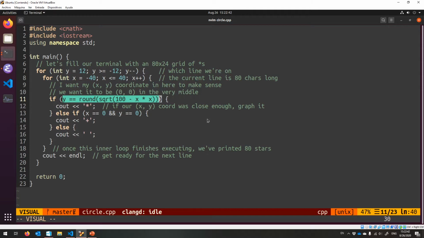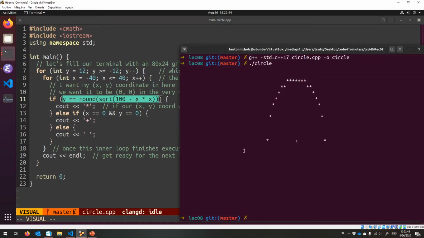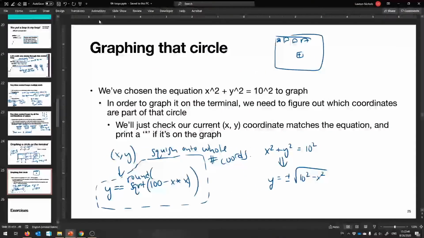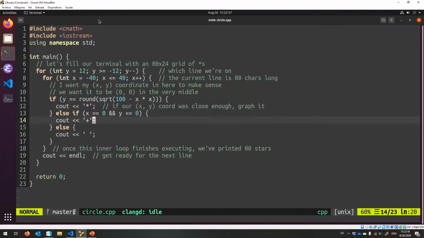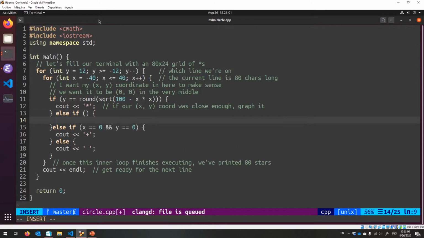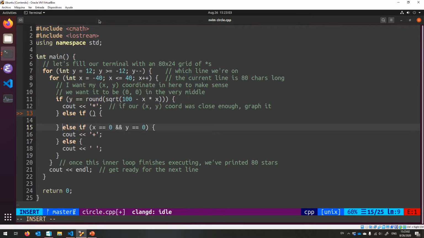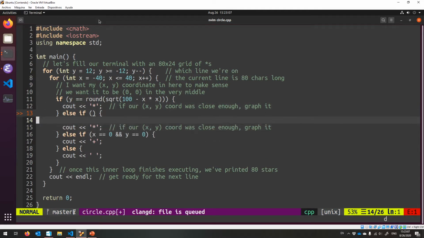So that's the positive one, and we've drawn half of the circle. All we now need to do is graph round of the negative square root, because we needed that other one. We need that other side. Else if it's there, we'll also print out.